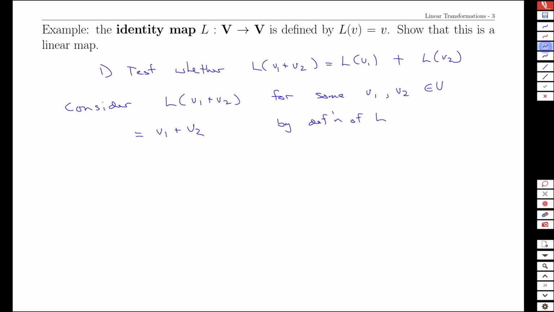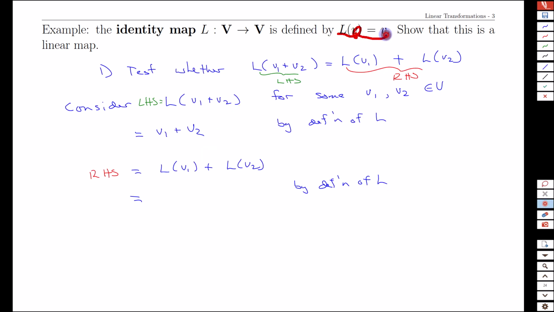So let's call this the left-hand side. That's our left-hand side that we just built. And then we can talk about our right-hand side here and see if they simplify down to the same thing. So the right-hand side is equal to L of v1 plus L of v2, and then again, by the definition of L, when I transform just v1 by itself, I get v1 back.